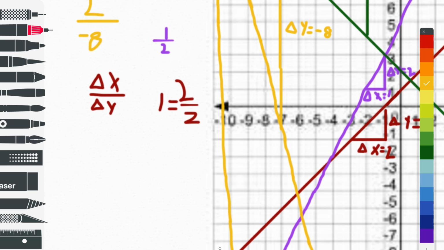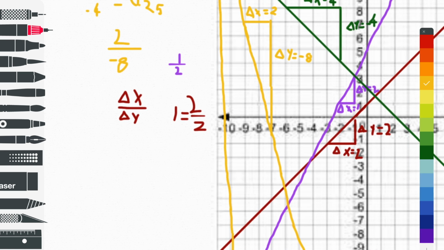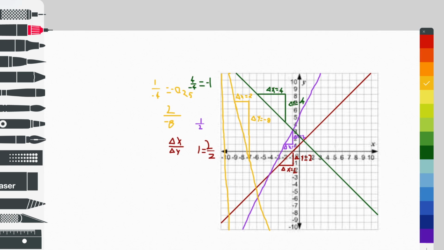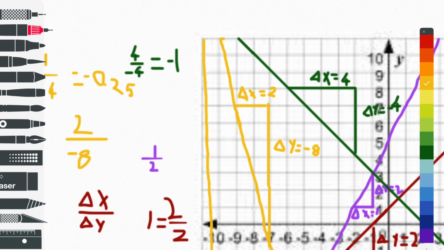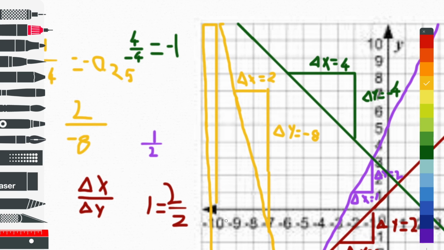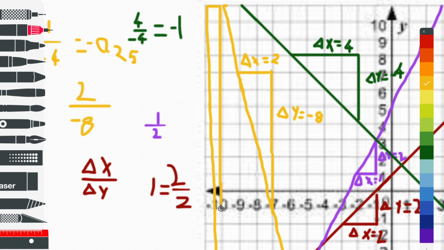There. That is another slope. So let's find the slope of this line. Let's start from the top. Every time it goes left 1, it just keeps going.